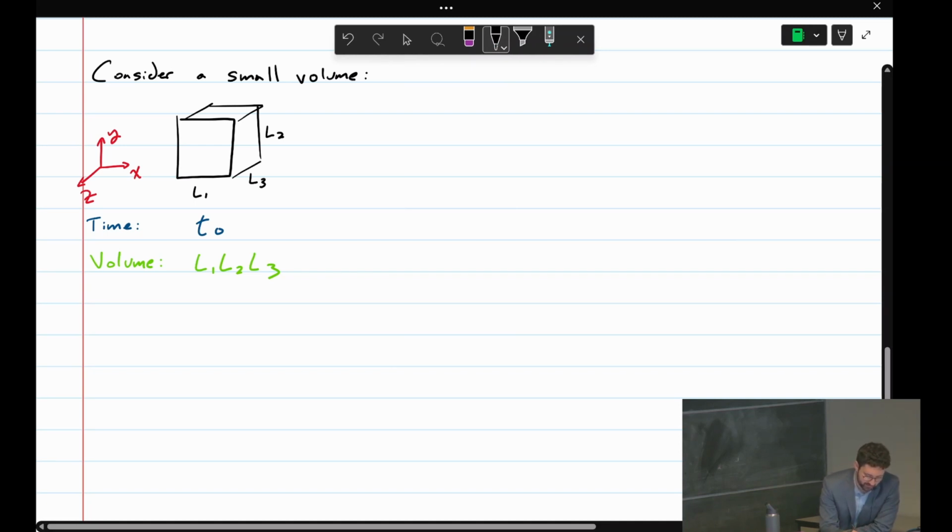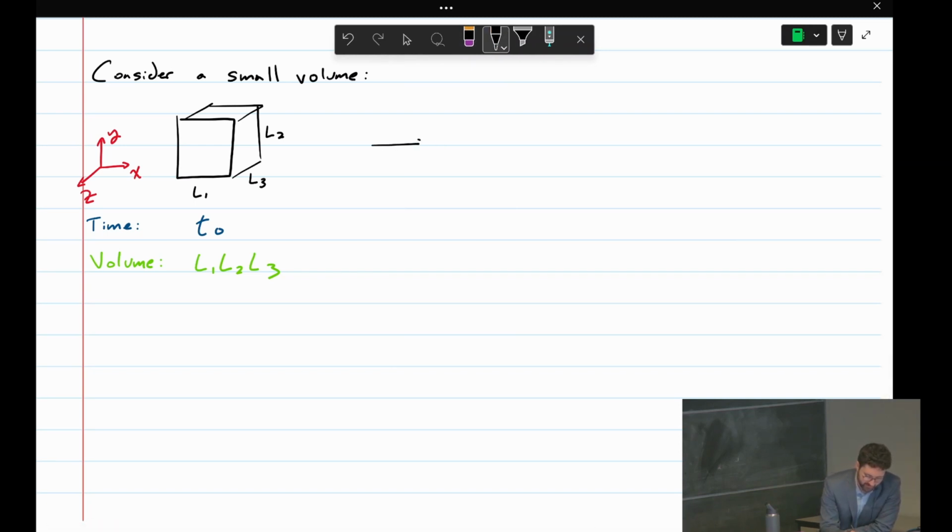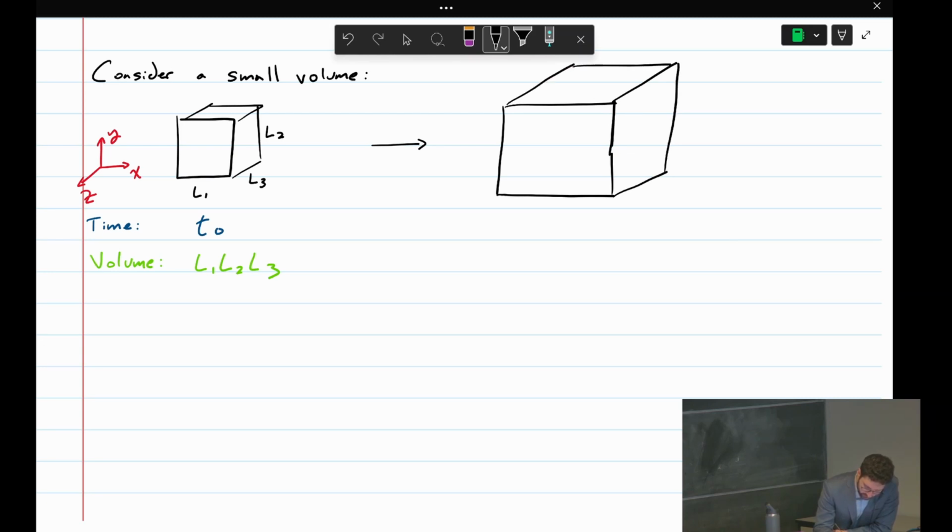Let's say over some process, or over a small change in time, the volume of our box changes. So this is the same volume, but we're going to say the volume has changed. So the length is now L1 plus some delta x, L3 plus delta z, L2 plus delta y.